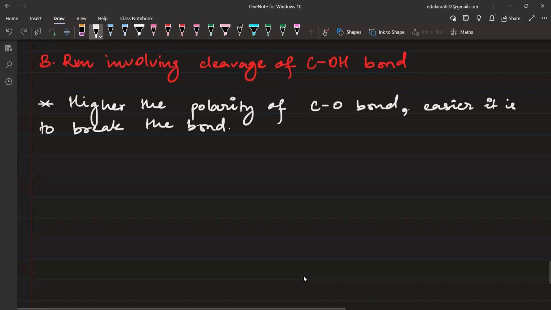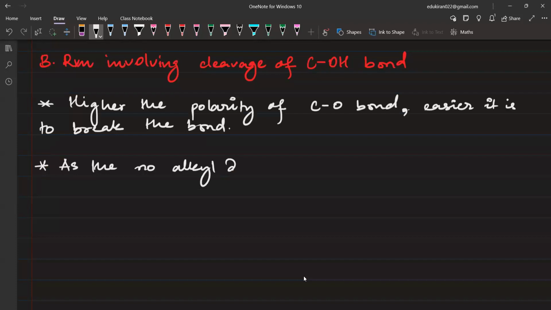Now, another point, as the number of alkyl groups increases on alpha carbon.